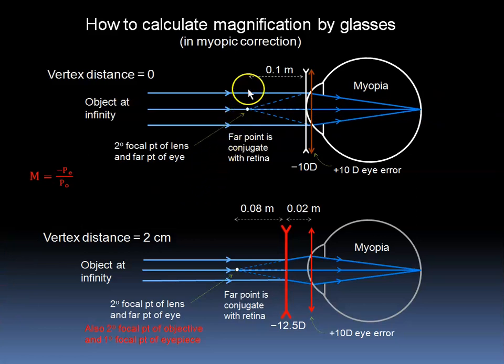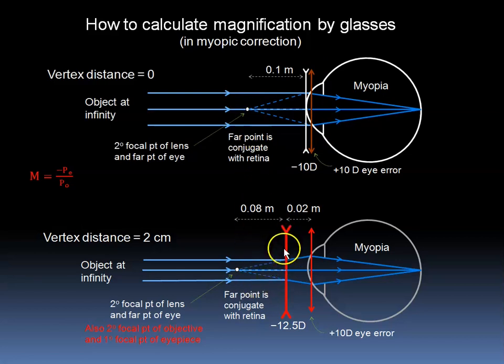This far point is shown to be 0.1 meter in front of the eye. Here we have an equivalent situation where the correcting lens is 0.02 meter in front of the eye and therefore 0.08 meter from the far point. The minus 10 diopter lens has a secondary focal point 0.1 meter away.